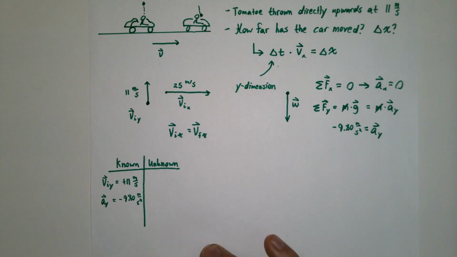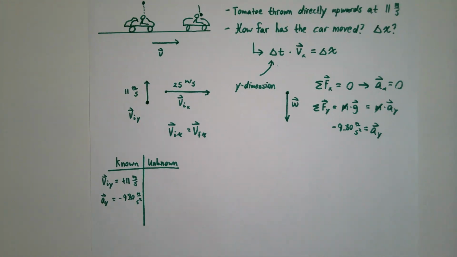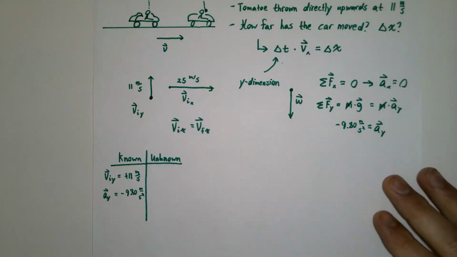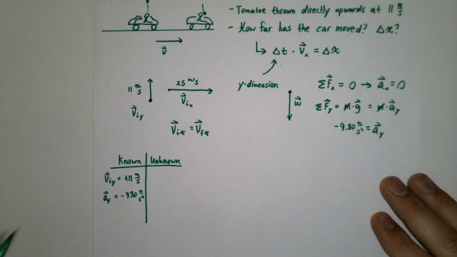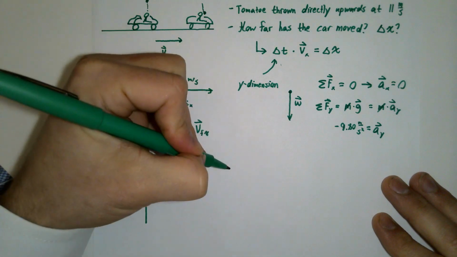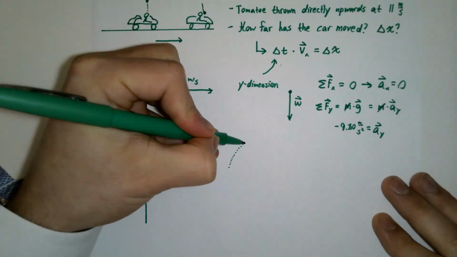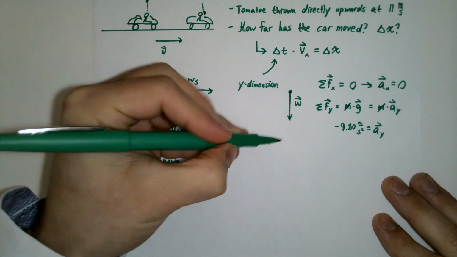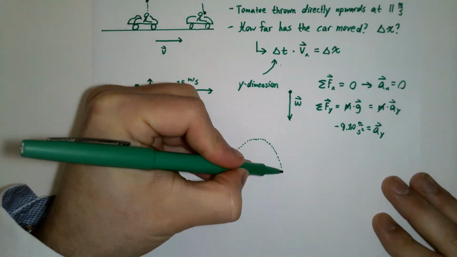That's all we're technically given, but we know, however, that the projectile motion of an object is symmetric. So what we'll look at here is, if we draw a quick picture right over here, if the tomato is thrown up, it's going to be traveling forward at some velocity of 25 meters per second this entire time.